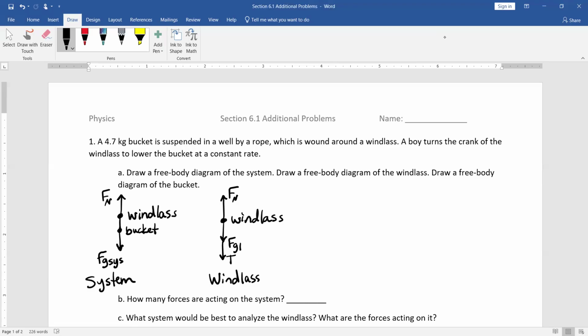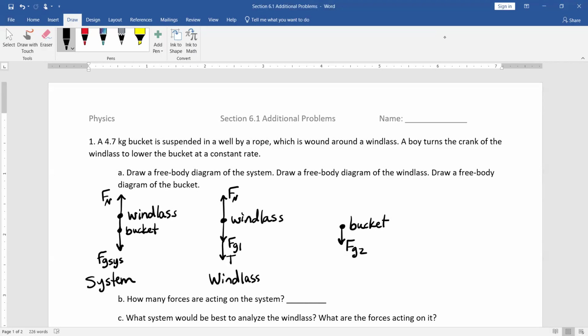Then if we have just the bucket, we have to be really careful with this. The downward weight of the bucket is going to be the force of gravity only on the bucket. That's why it's got a different subscript, because that force is less than the force of the entire system, because it is holding just the bucket.